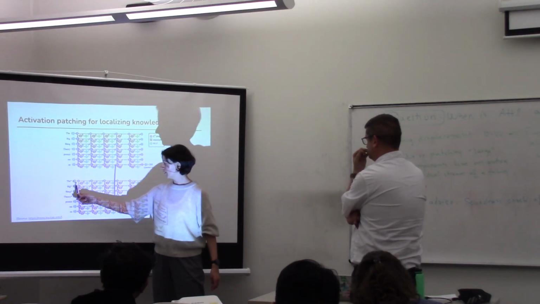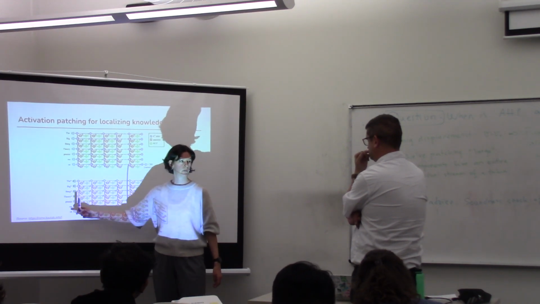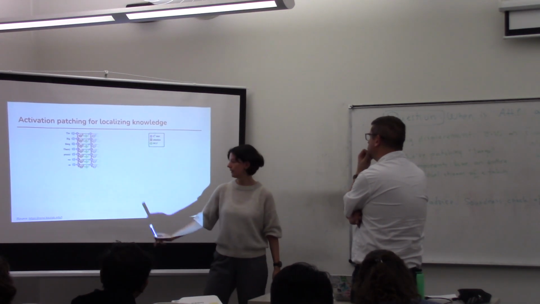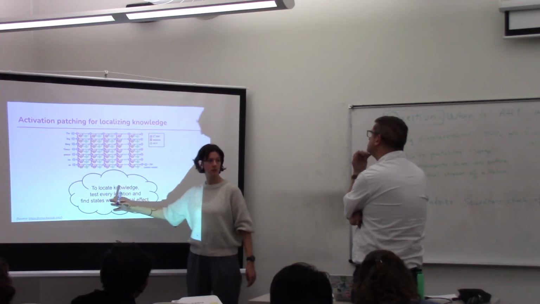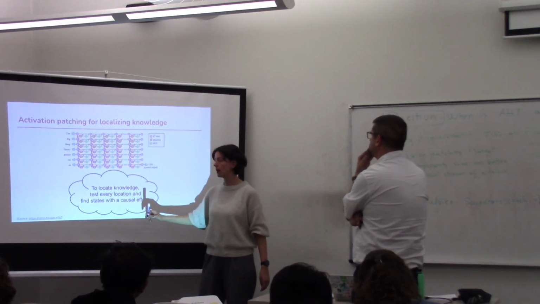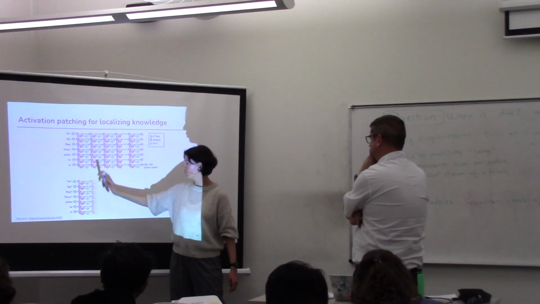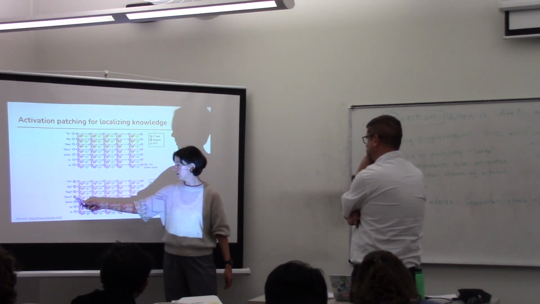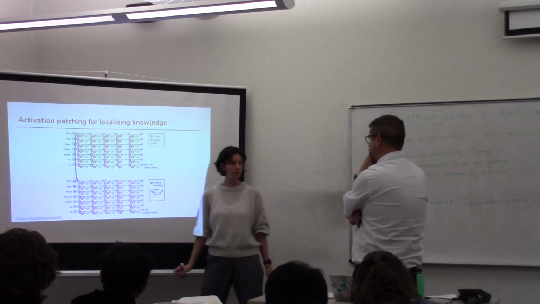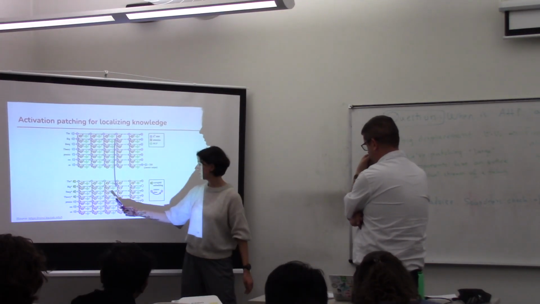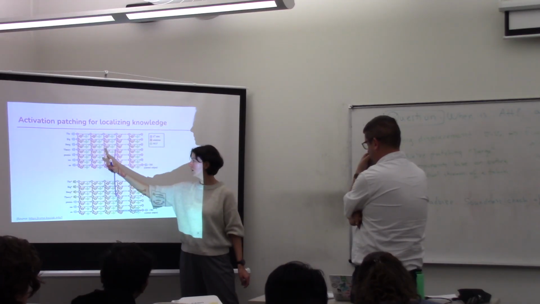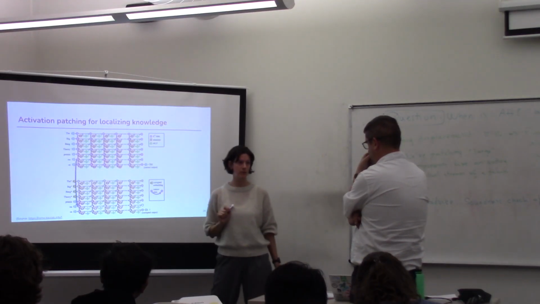We first add a little bit of noise to an important entity in this input, and then we make a pass again. And now our circles are corrupt. These circles are associated with the run that is corrupted, and we take one of these at a time and swap them with the corresponding clean representation.